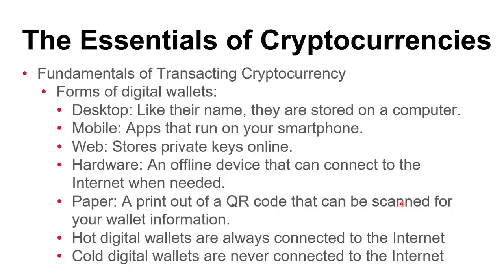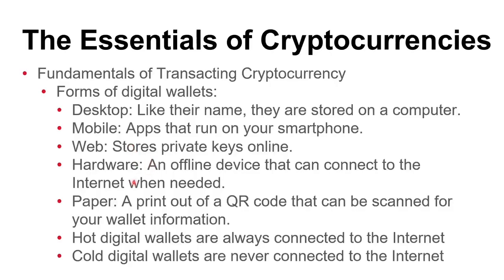So a desktop wallet, like its name, is stored on a desktop computer. Mobile, so there are apps that run on your smartphone. They tend to be very, very popular because they're very easy to use, very convenient. You can store your private keys online in what they call a web wallet. So you have access, at least on the web, to your private key.